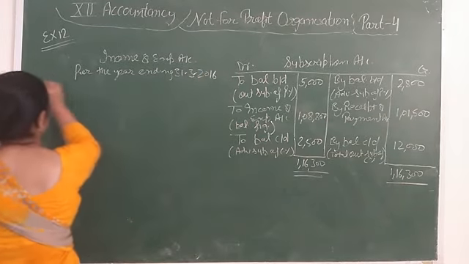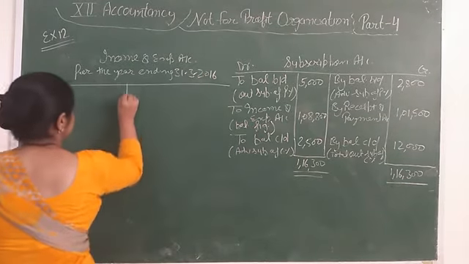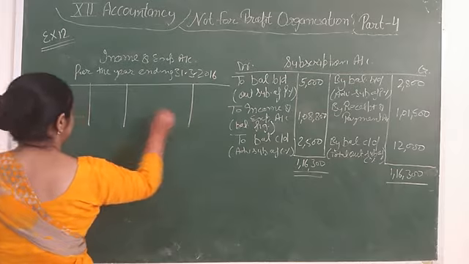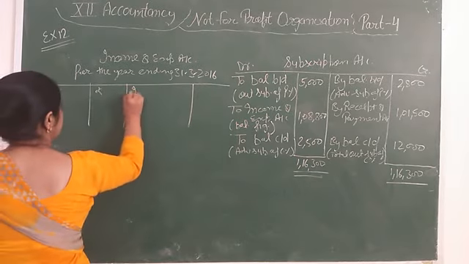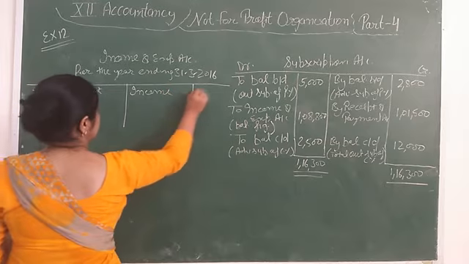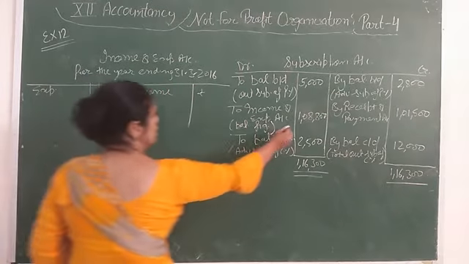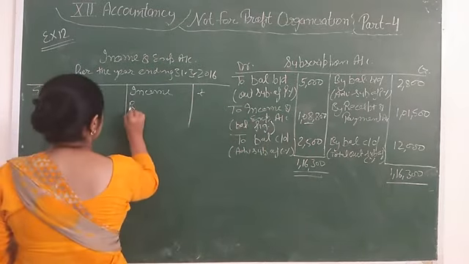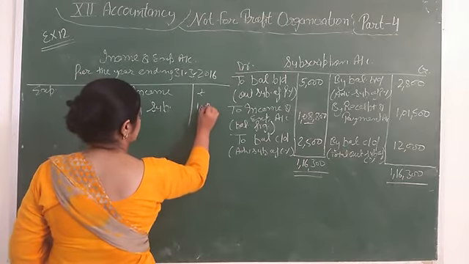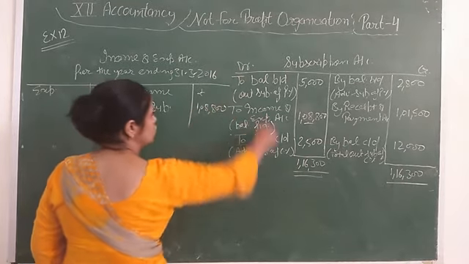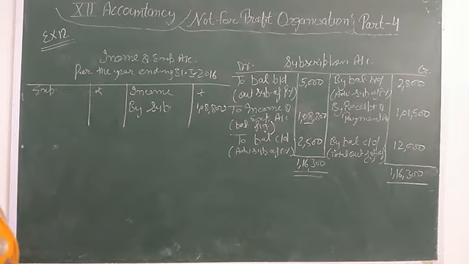Here the current year date always comes. Here expenditure, here income. This amount we will write directly on the income side by subscription, 1,08,800. You have to make the subscription account in the question also.